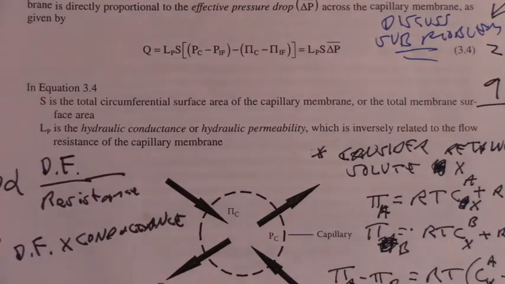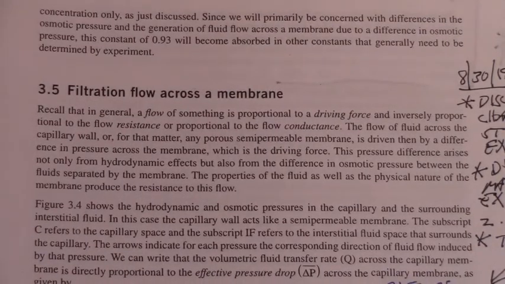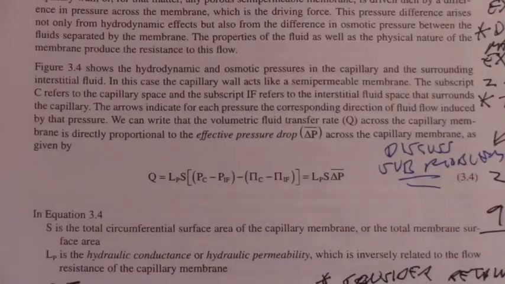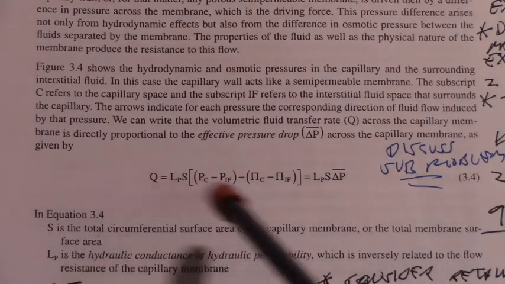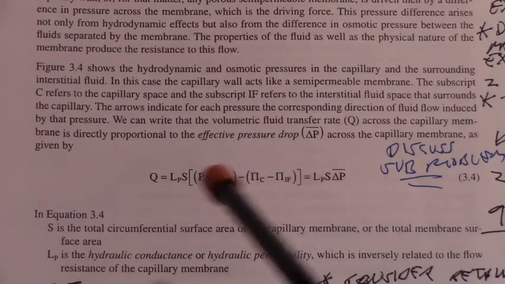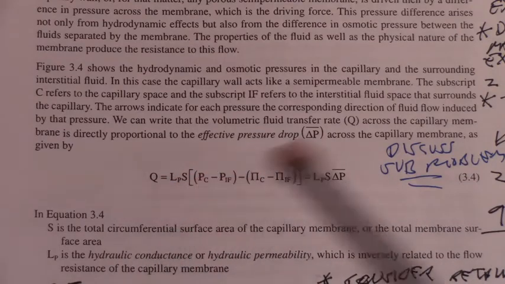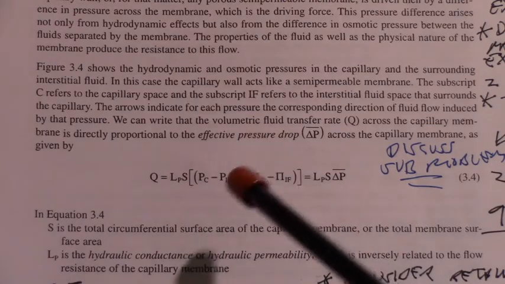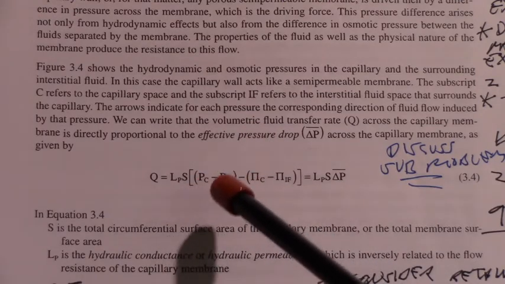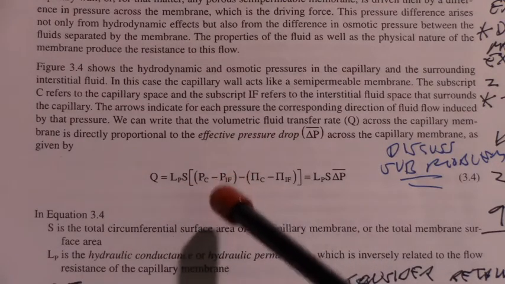Let's talk about filtration across membranes. That's the next topic we want to look at, and we introduced the idea earlier in this lecture, and we have what's called Starling's equation. So we came up with Starling's equation right here. In this particular case, I wrote it for a capillary and the interstitial fluid. The pressure inside the capillary would be P sub C. The pressure in the surrounding interstitial fluid would be P sub IF.